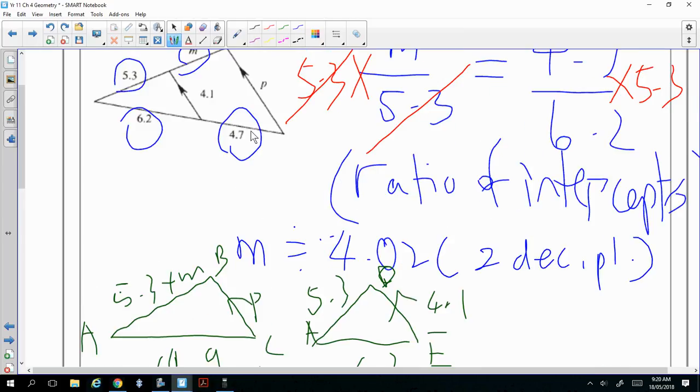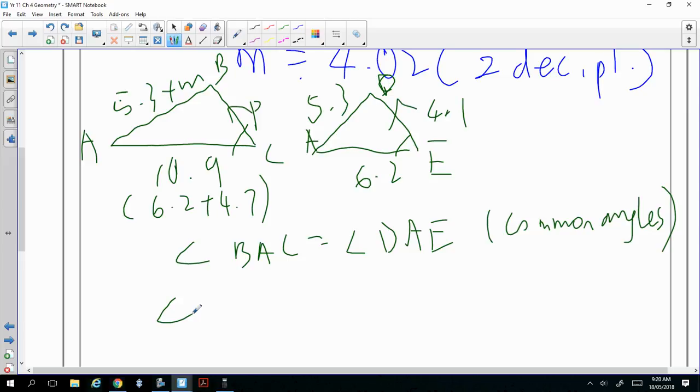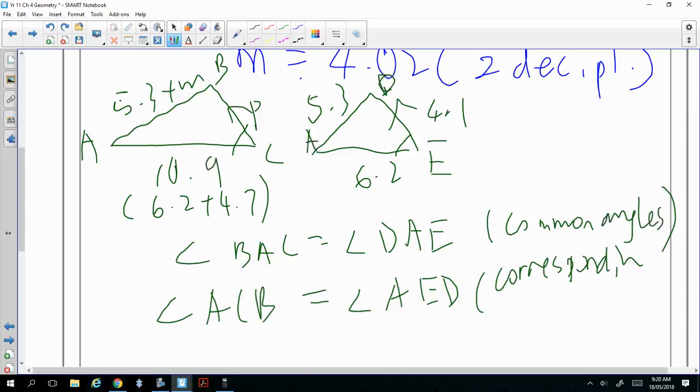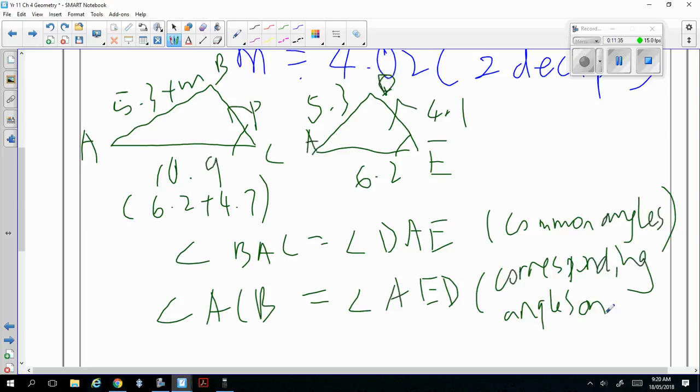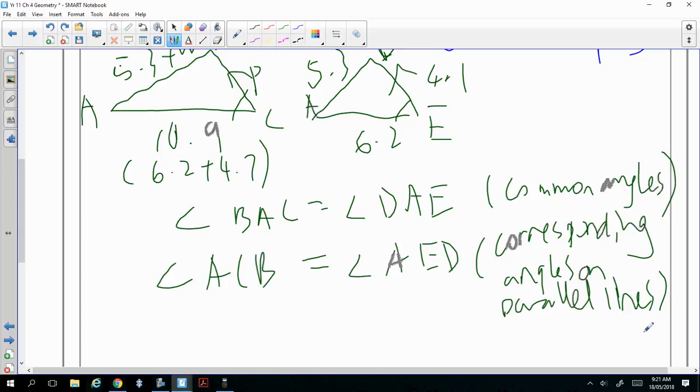These two angles are equal: angle ACB is equal to angle AEB, corresponding angles on parallel lines. And then we say they are equiangular, so therefore triangle ABC is similar to triangle ADE, equiangular.